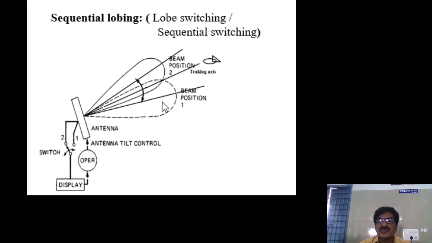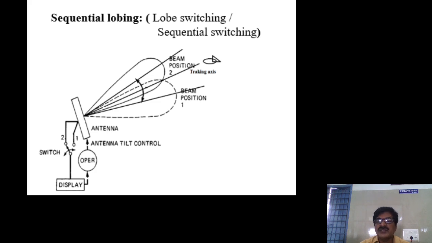It is placed in two different positions at two different times, not simultaneously. A control mechanism is there to change the position of the antenna, based on the error signal generated, so that the radiation pattern can be changed.